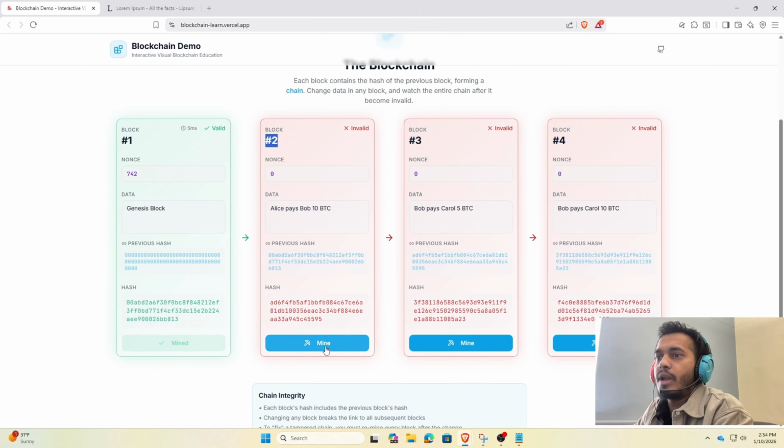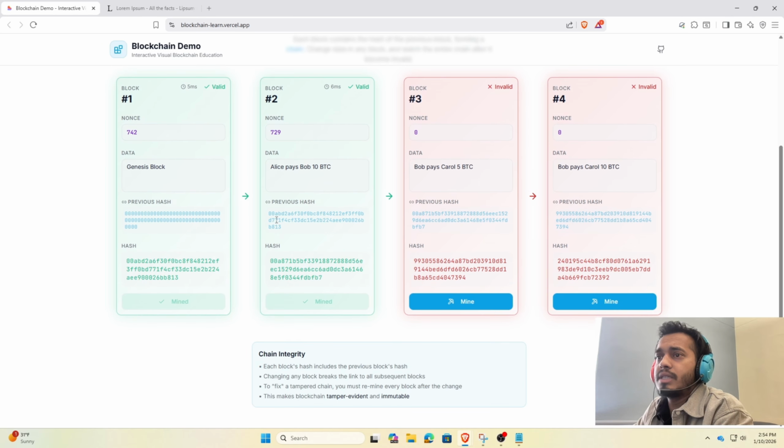In block 2, if I press mine, it has some data like Alice to Bob 10 BTC, and the new feature in a blockchain is the previous hash. So block 2 is linked to block 1 using the previous hash. Whatever the data here, it produces a hash, and this hash is used here.